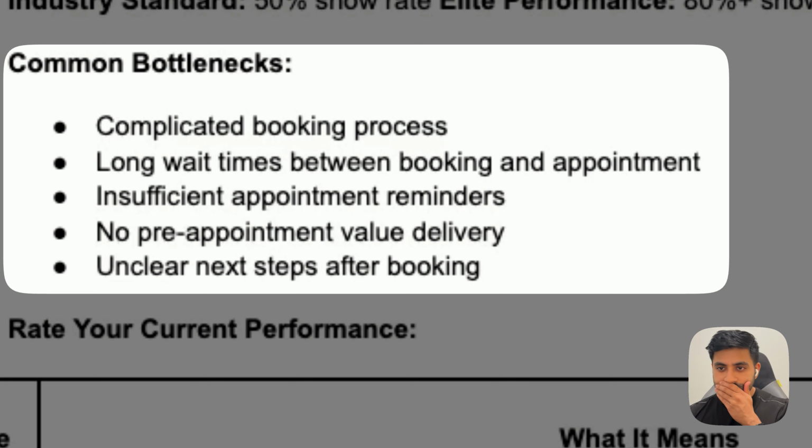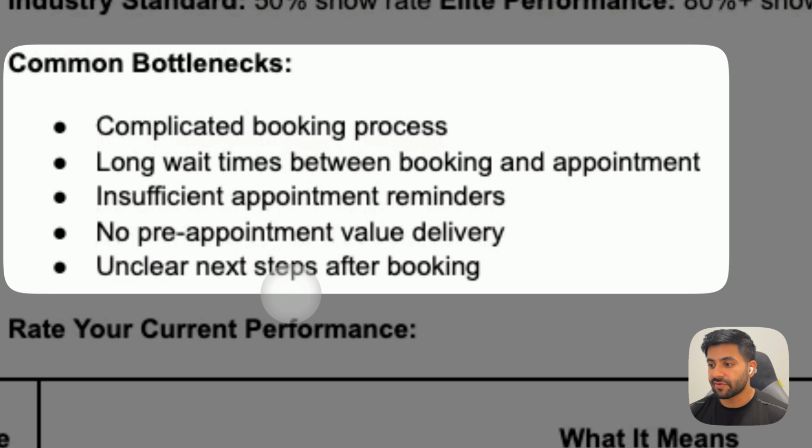Other bottlenecks you could be looking at is insufficient appointment reminders. Once someone books, if they're not reminded, people will forget and they will not show up. The worst thing you can do for someone is make sure that they forget to show up when they actually wanted to, right? One of the biggest reasons for a person not showing up is because they just didn't find it important enough, right?